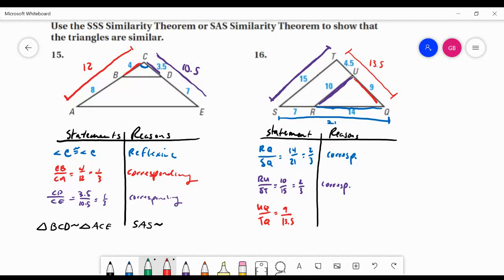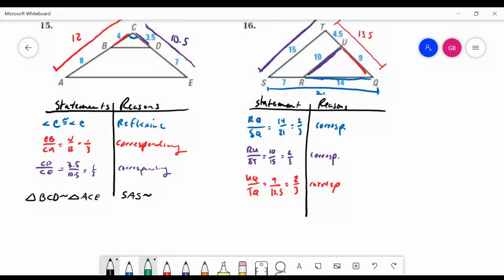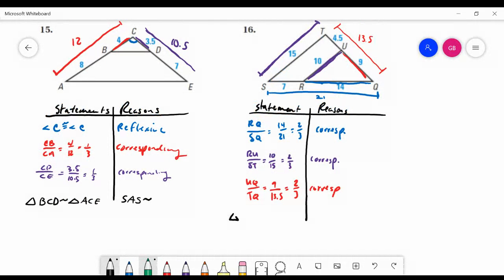And if you divide the top and bottom by 4.5, again, you get 2/3. So that's also corresponding. Okay, so since all three pairs of sides are proportional, triangle RQU is similar to triangle SQT by the side-side-side similarity theorem.